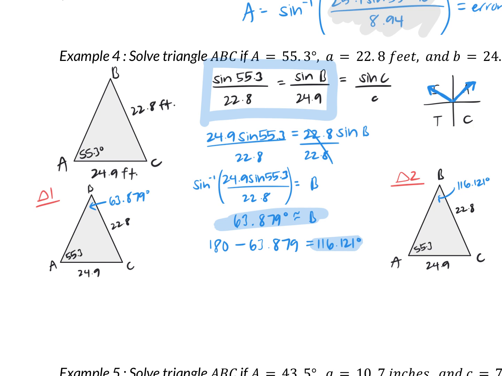Again, to find the other angle measure that it could be, we take 180 and we subtract that angle measure that we're given. So now, before we move on to find any side lengths using our law of sines, we have two angles in a triangle. Can I find the third angle? Yeah. Take 180 and subtract those values to find out what my third angle would be.